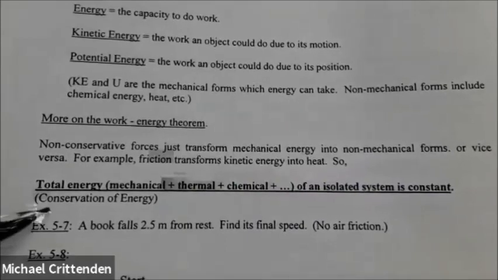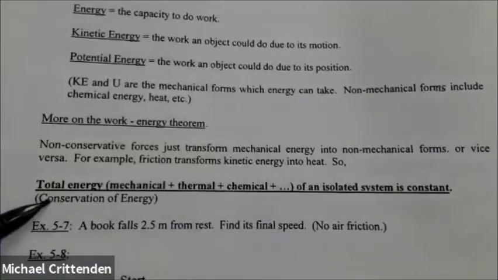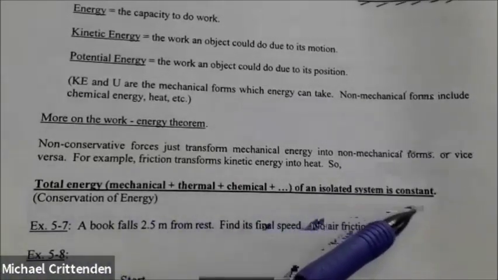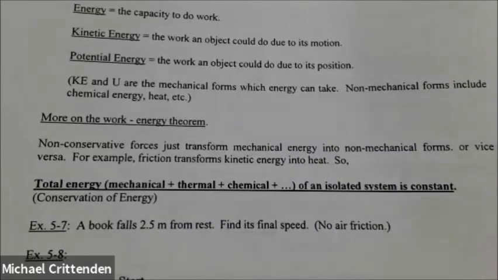So the total energy of an isolated system, when you really mean the total energy of an isolated system, always remains constant. Conservation of energy, where the word to conserve means to keep the same, basically. Conservationists don't want the swamp to change. People who are politically conservative don't want the country to change. And conservation of energy means the amount of energy that's there doesn't change.